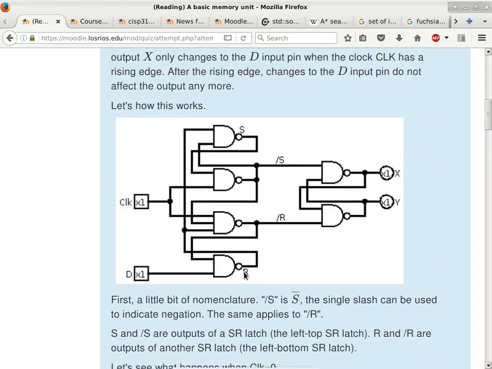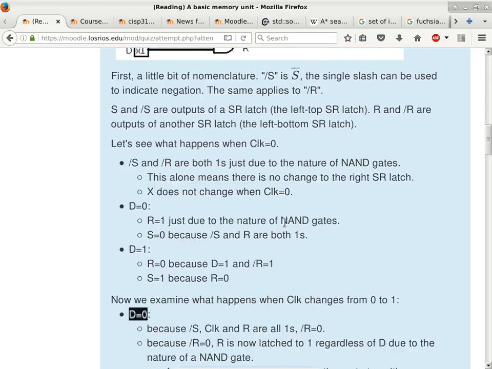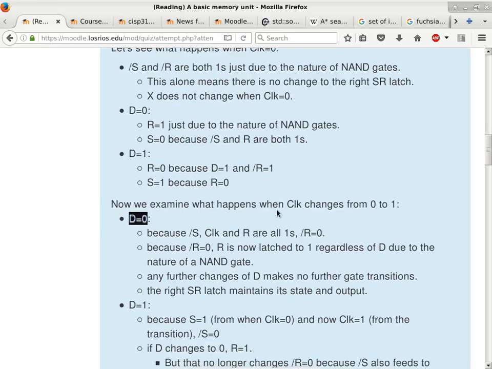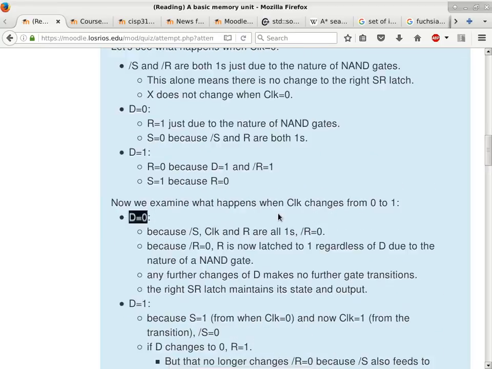I label this as R because it's the negated version of /R. Do you see how this is R and this is /R? Because this pin goes through here, which is negated to become this. But the bottom line is, when you follow this logic here, the design does work.